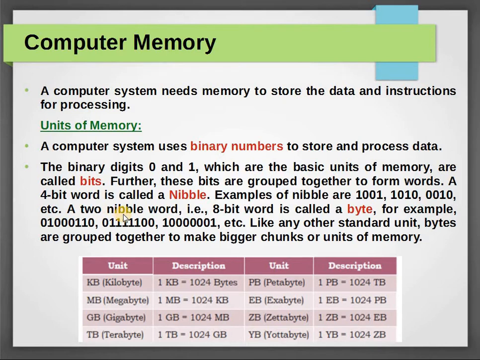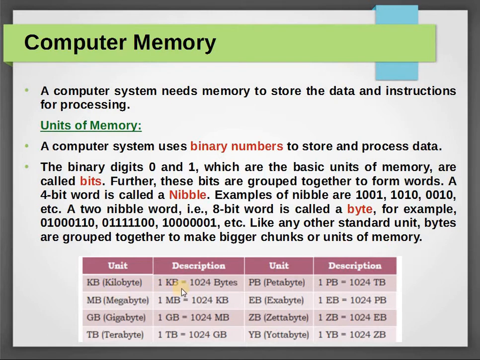Then 2 nibbles means 8 bits, because one nibble is 4 bits, then 2 nibbles is an 8-bit word, which is called a byte. For example, you can see this 8-bit word, it is called a byte. Like any other standard units, bytes are grouped together to make bigger chunks or units of memory.